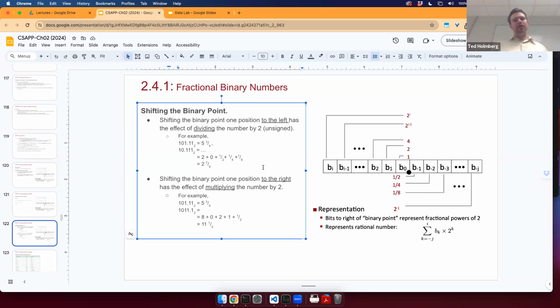And again, shifting the binary point one position to the right has the effect of multiplying the number by 2, an analog to what we should already be familiar with.